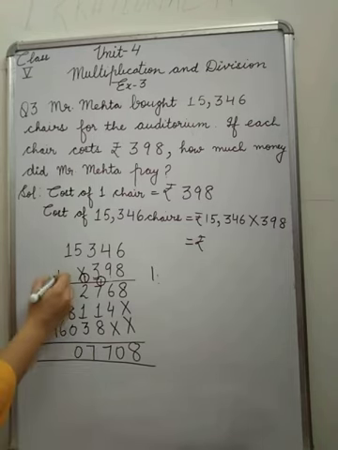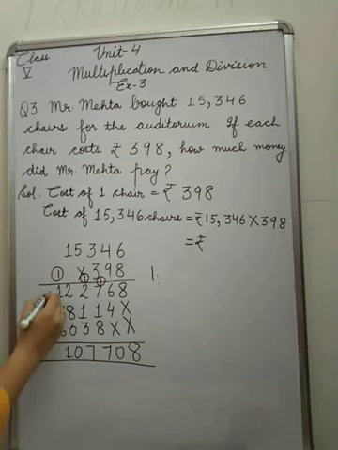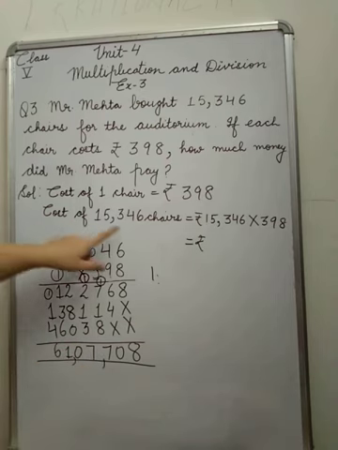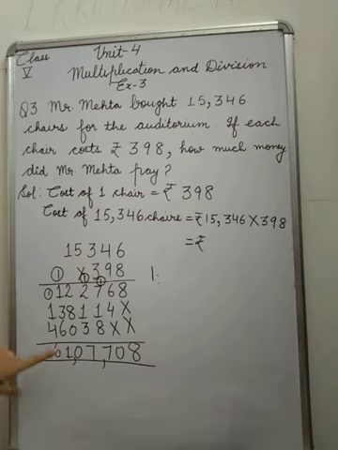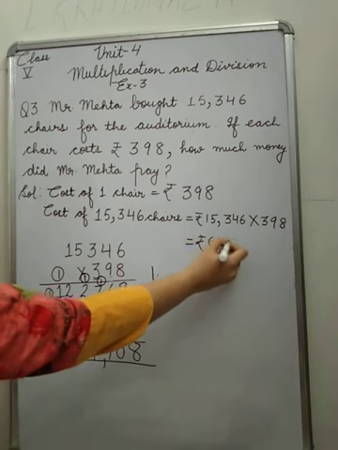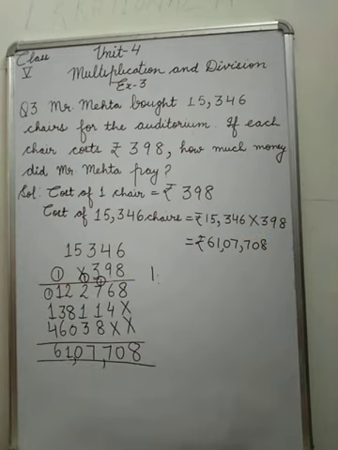Write it here 0, here 1. 6 plus 3, 9 plus 1, 10, 11. So write it here 1, 1 here. 4, 5, 6. So that is the amount of 15,346 chairs. That is 61,07,708. That is your answer. Okay. Now you can do these types of questions.